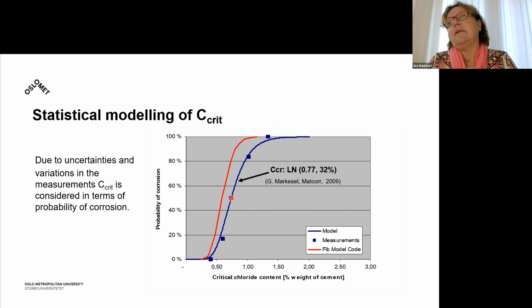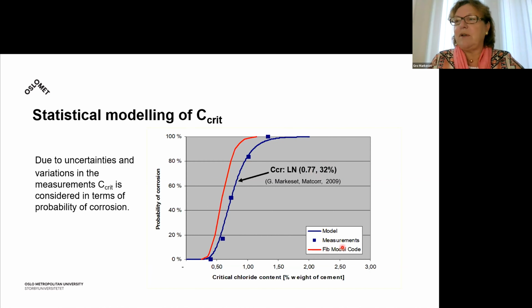So when we fit the data with this log normal curve, this blue continuous line is the fitted curve, and the measurement data is here. So in this situation, we had a log normal distribution with a mean value of 0.77 and a coefficient of variation of 32.